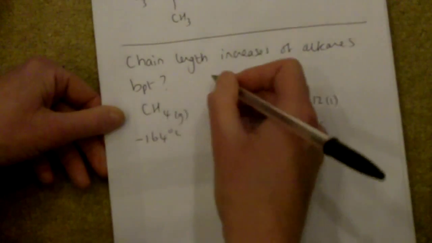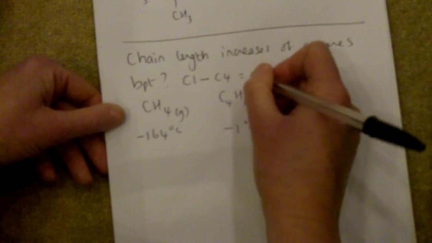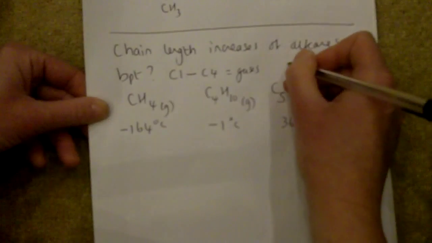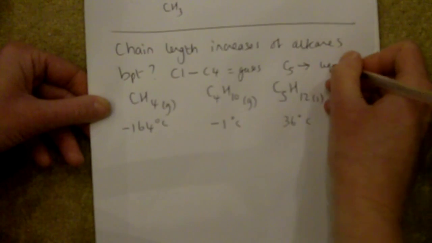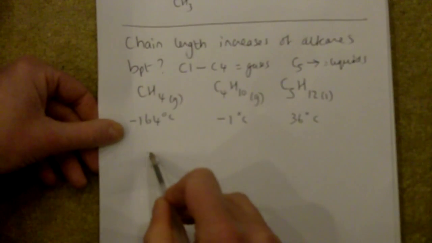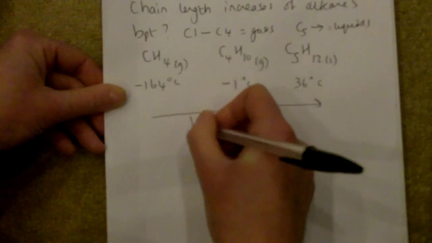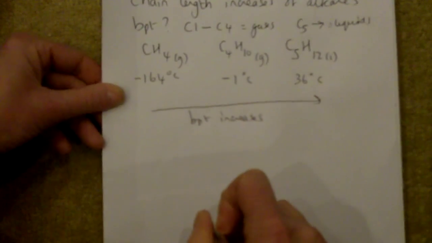So carbon 1 to carbon 4 are gases, and carbon 5 onwards are liquids. As you can see, as you're going along, the boiling point increases. And why is that?